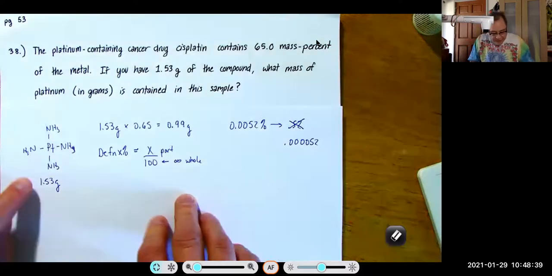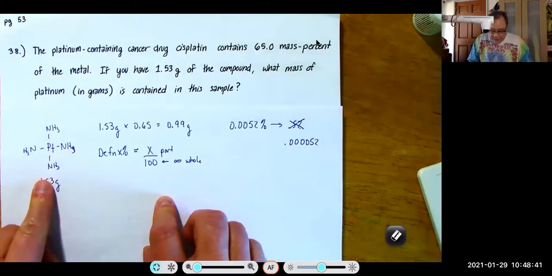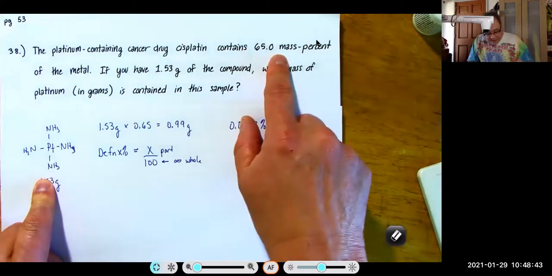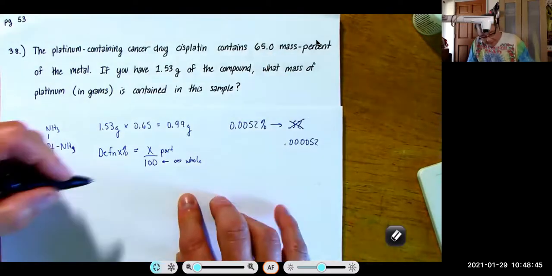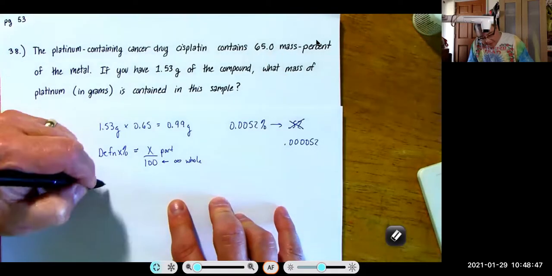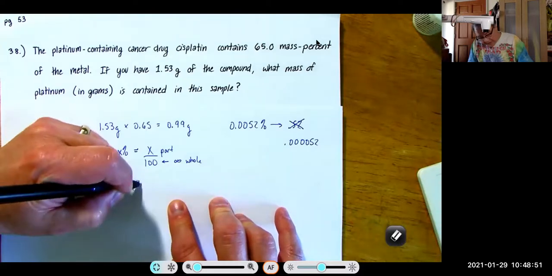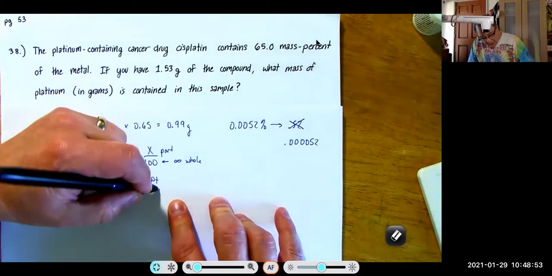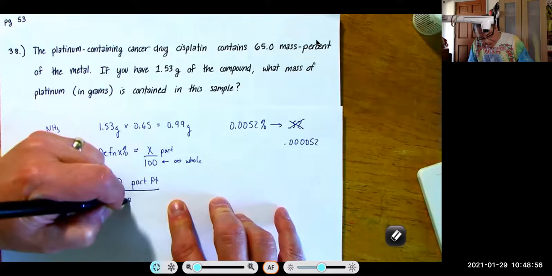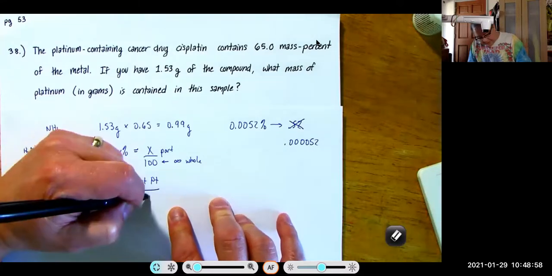So this means that over here, for the 65.0% for the cisplatin, that means that there's 65.0 parts platinum over 100 parts cisplatin.